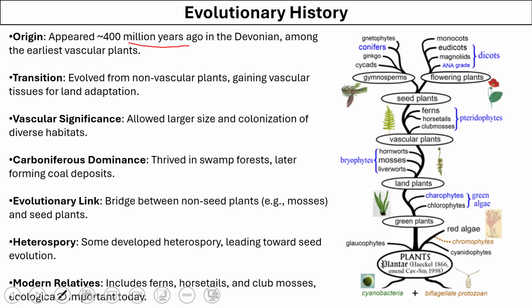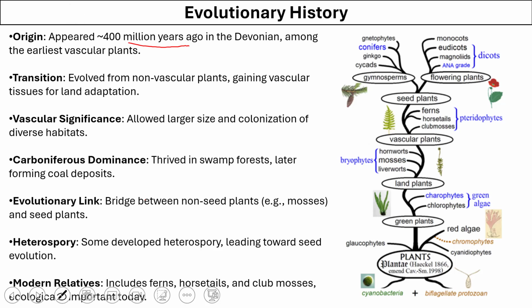Because of being vascular, they can attain taller heights because now they have the distribution system in them. Pteridophytes thrive best in swamp forests, and they end up forming coal deposits.